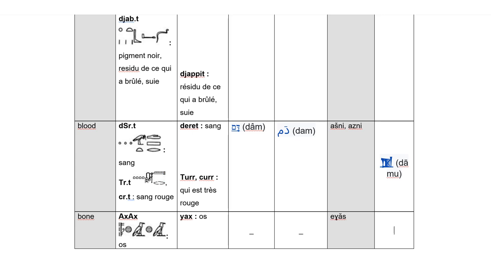You know, here, blood, deseret in Egyptian, you have in Wolof here, deret, in Arabic also dam, etc. But you can see in the Semitic languages the correspondence between them and the correspondence between ancient Egyptian and Wolof. But what's really astonishing is that you have not only a semantic variant, but you have here also, like in black, the meaning of this word blood nearly in all semantic variants.